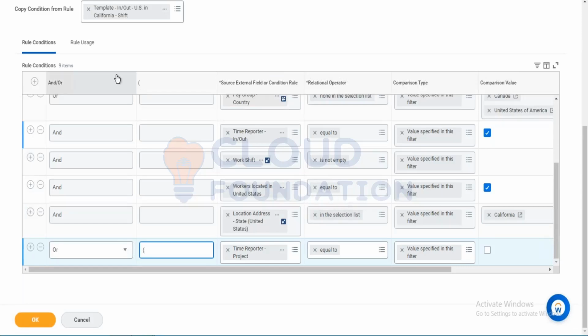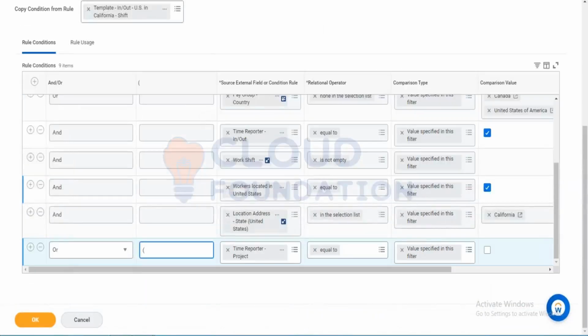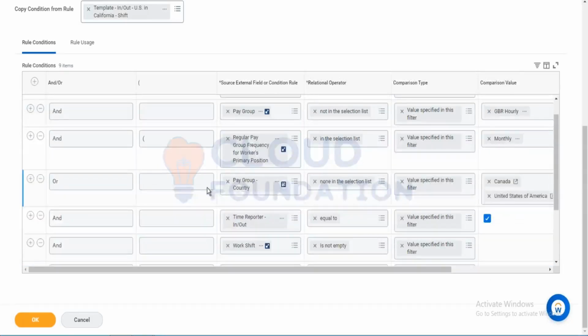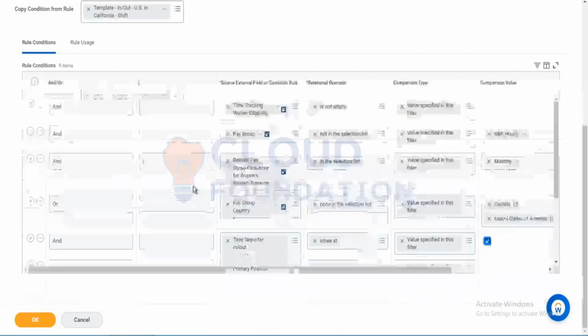I'm just making him eligible. Rather than creating a whole template, modifying it, or making it complex, I'm just making it a simpler one. You can create your own eligibility rule. There was a previous eligibility rule, so I did not want to disrupt that, so I just made it like that.